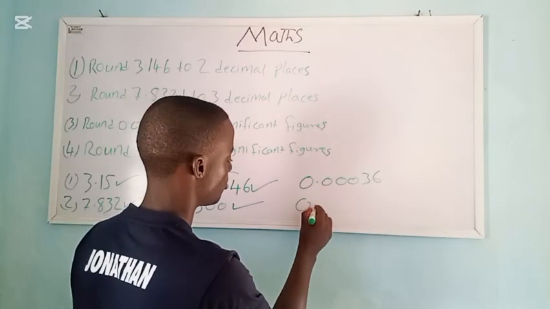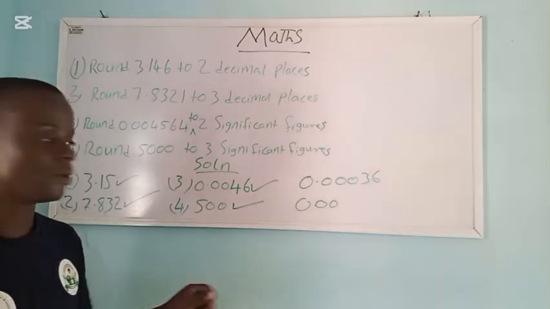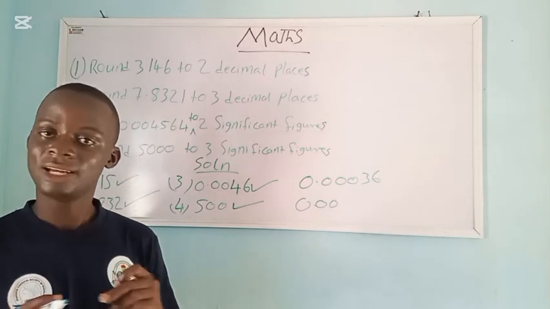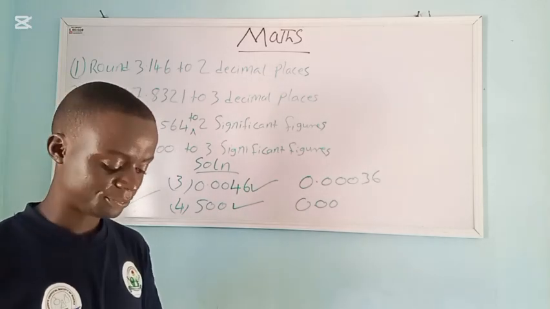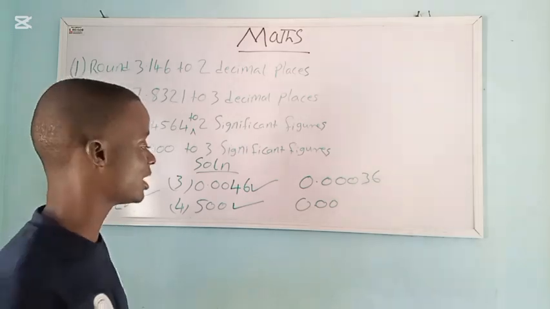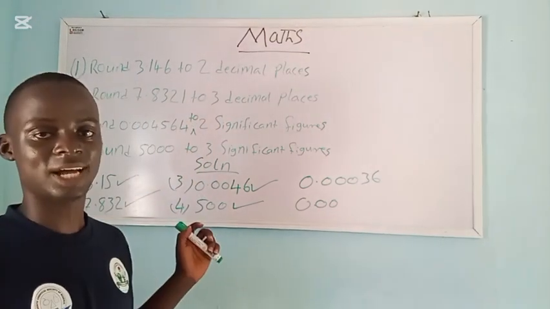Now it will be 0.00. You just count the digits. You don't care whether it is a non-zero or a zero. They are saying two digits, so you can leave it that way.